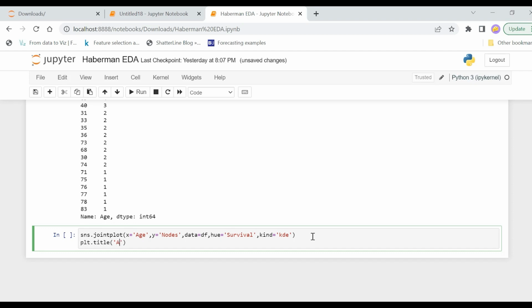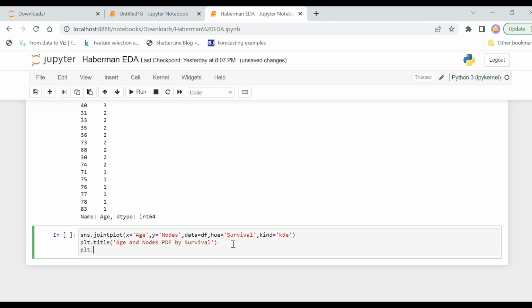What can be the title? Age and nodes PDF by survival. Then you can simply say plt.show.